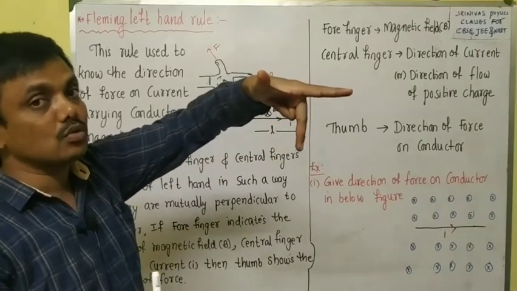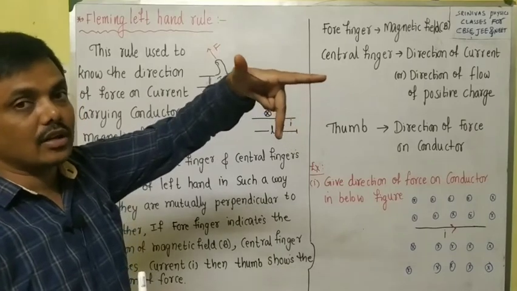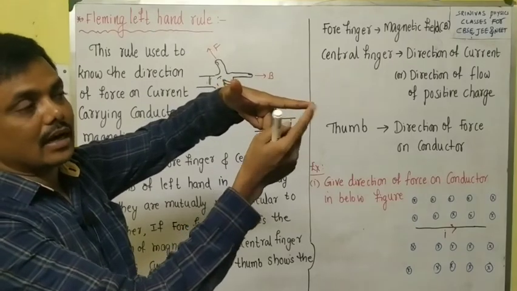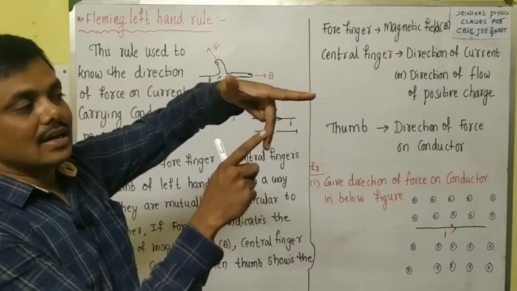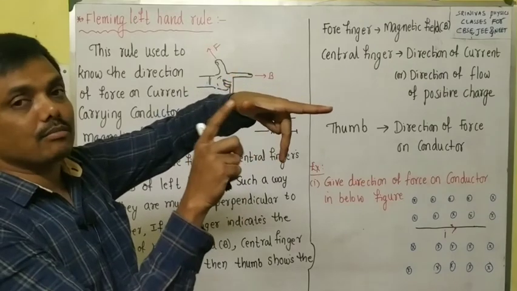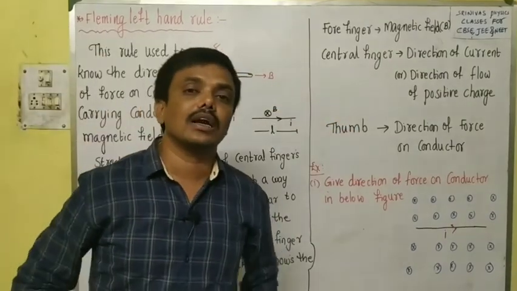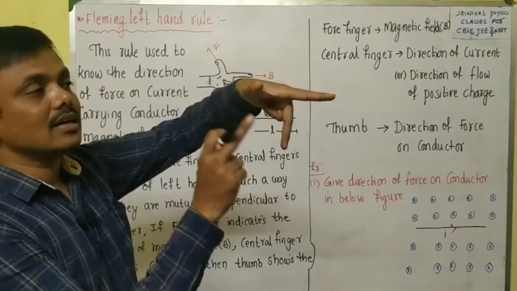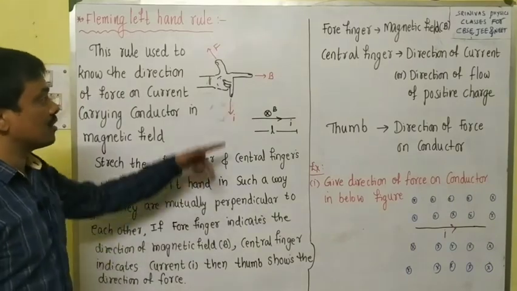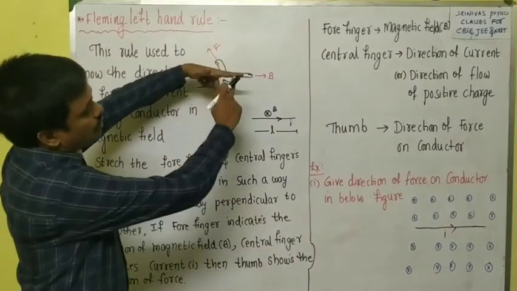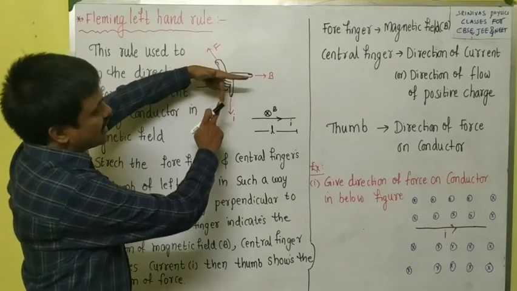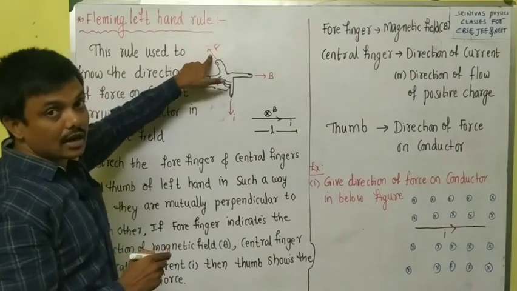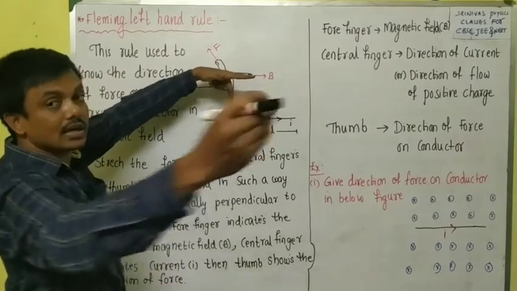Then if the forefinger shows the magnetic field B and the central finger shows the current, then the thumb shows the direction of the force on the current carrying conductor. Look at here, this is the diagram. In the diagram it appears a little different, but actually the thumb will show the direction like this.